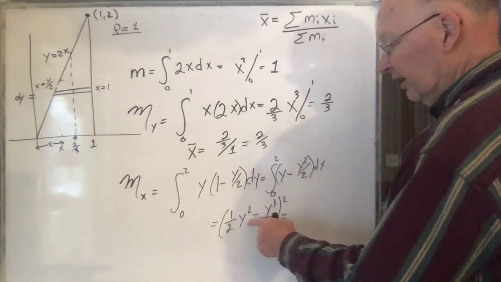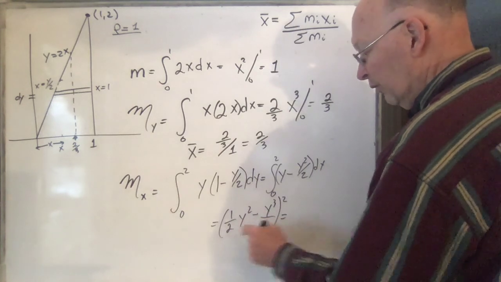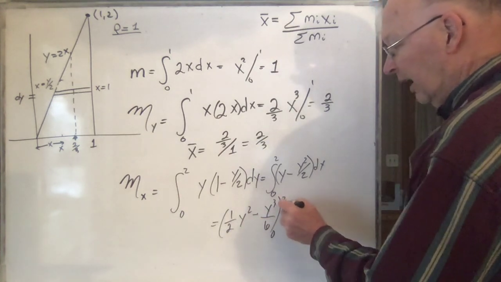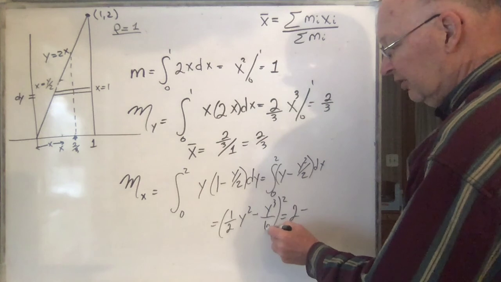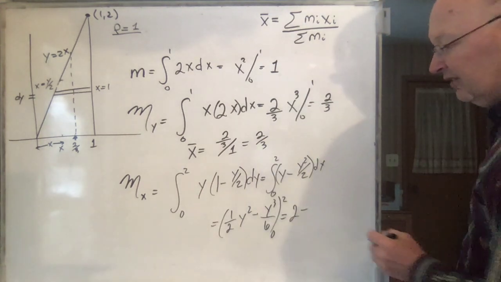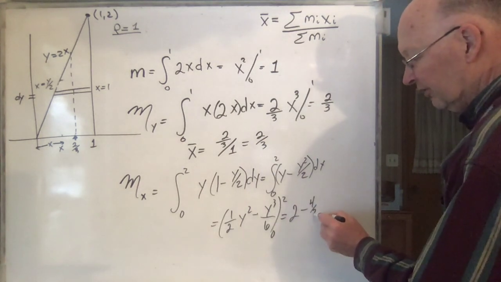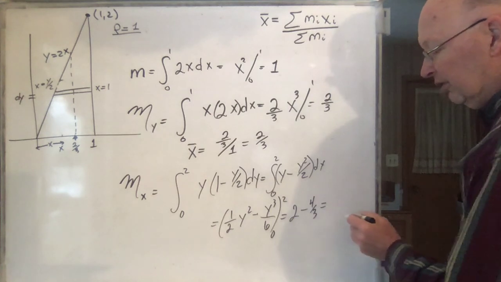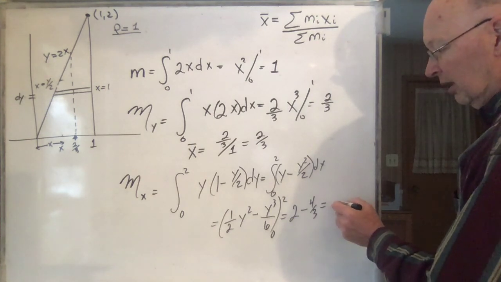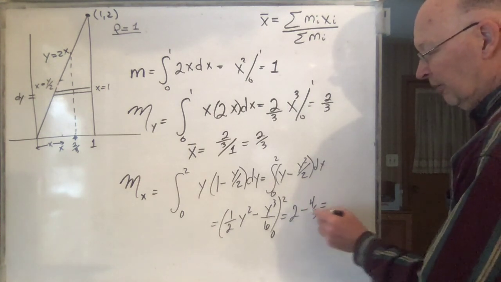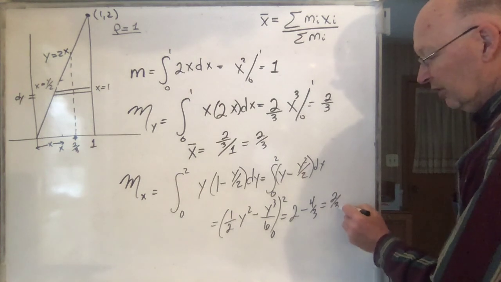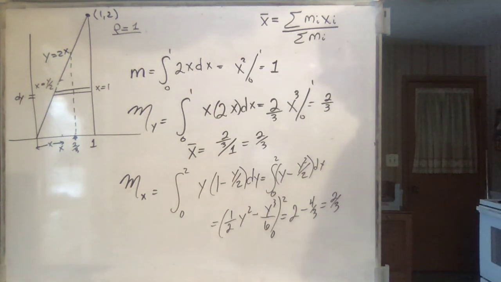Put in a 2 right here, and you're going to get 4. 4 over 2 is 2. Minus, here you're going to get 8/6. 8/6 is the same as 4/3. 2 minus 4/3 is what? That's 6/3 minus 4/3, which is 2/3. Oh, interesting.